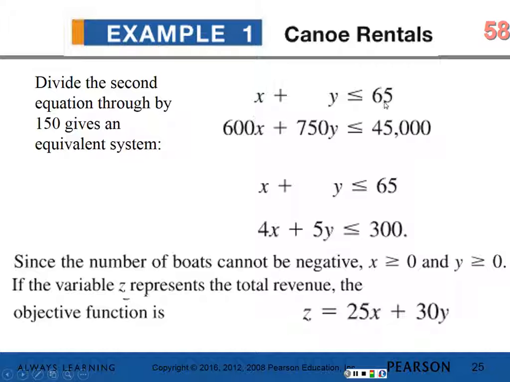X plus Y has to be equal to or less than 65 because that's all the kayaks and canoes that he can hold at his facility. He has $45,000 to spend, so 600 times the number of canoes and 750 times the number of kayaks added together has to be equal to or less than $45,000.